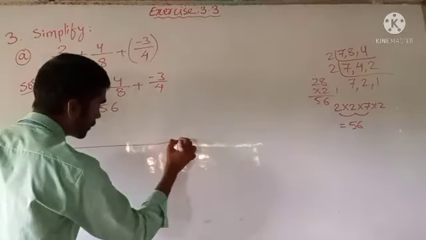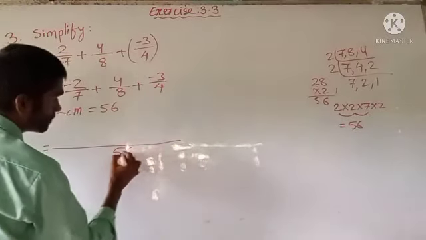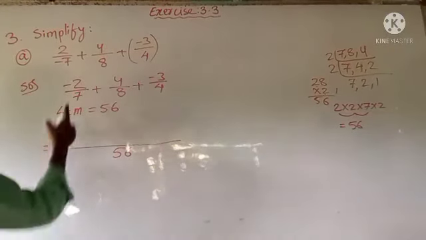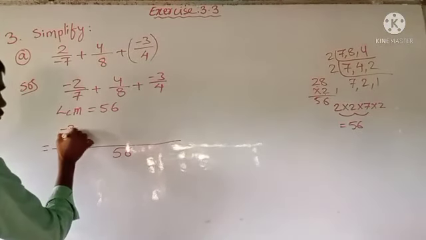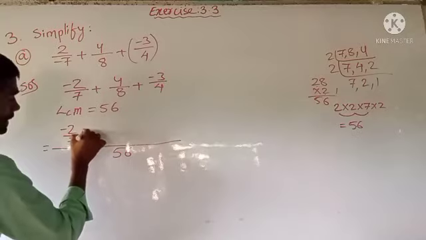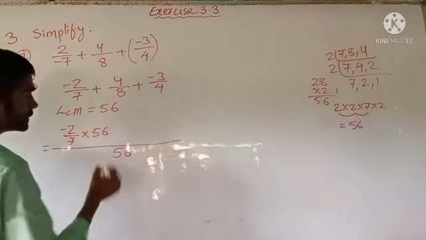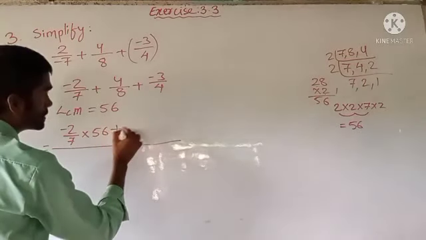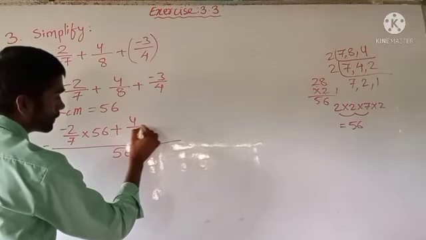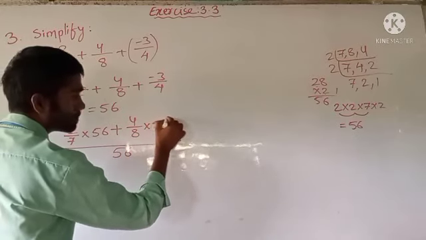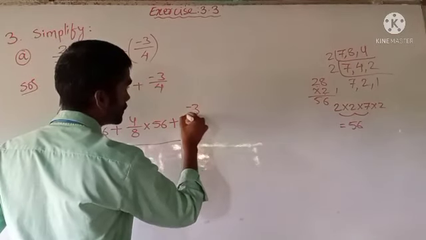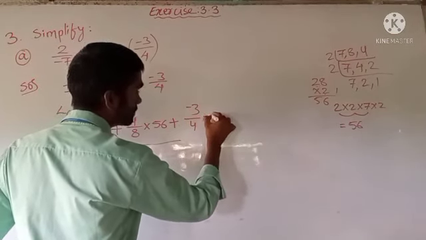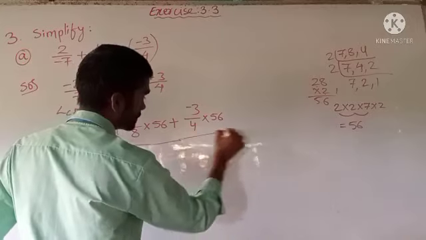Now we will write the LCM in the denominator's place, that is 56, and each fraction will be multiplied with the LCM that we got. That is minus 2 by 7 multiplied with the LCM 56, plus 4 by 8 multiplied with the LCM 56, plus minus 3 by 4 into LCM 56.